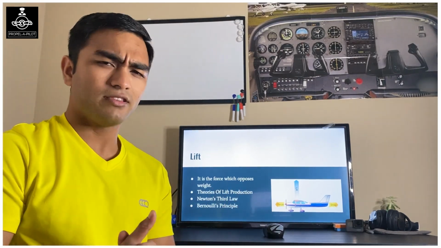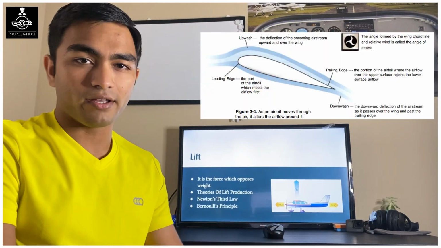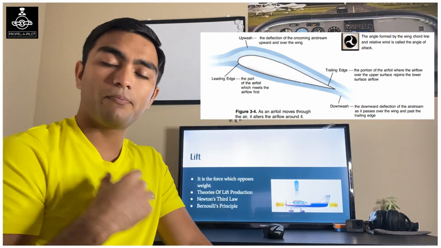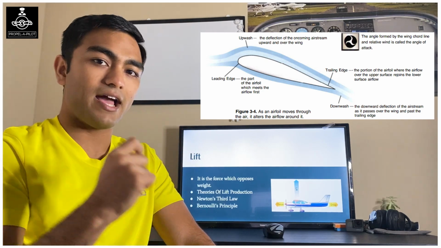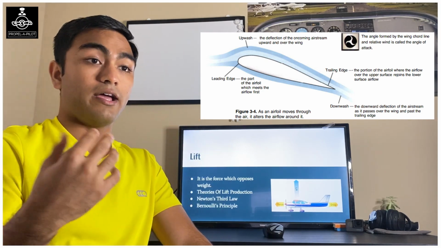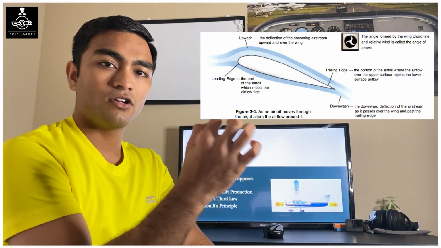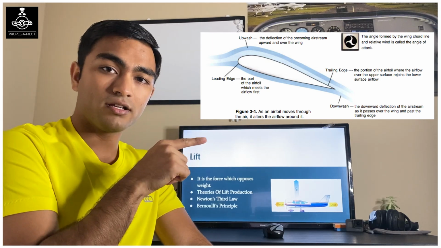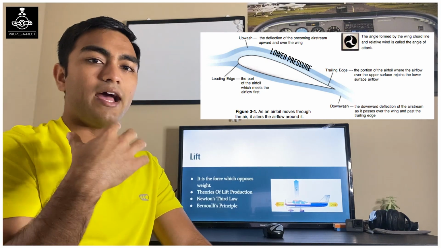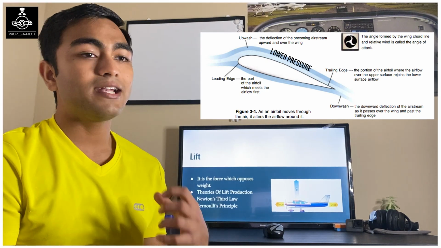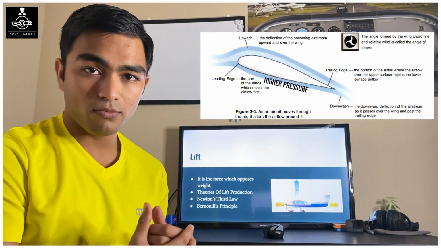Now you might ask, Chintan, how does this affect the wing? If you look at the wing, the greater curvature on the upper portion of the airfoil causes air to accelerate as it passes over the wing. According to Bernoulli's principle, the increase in speed on the top of the wing is going to create a drop in pressure. And now we have a relatively lower pressure on the top and a relatively higher pressure on the bottom of the wing.